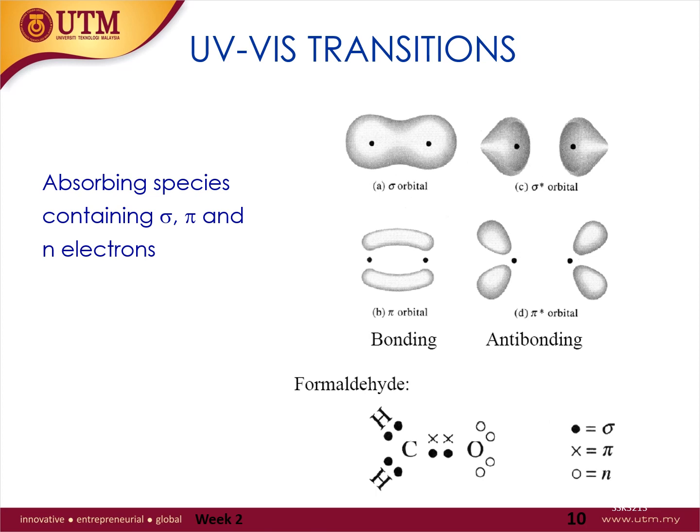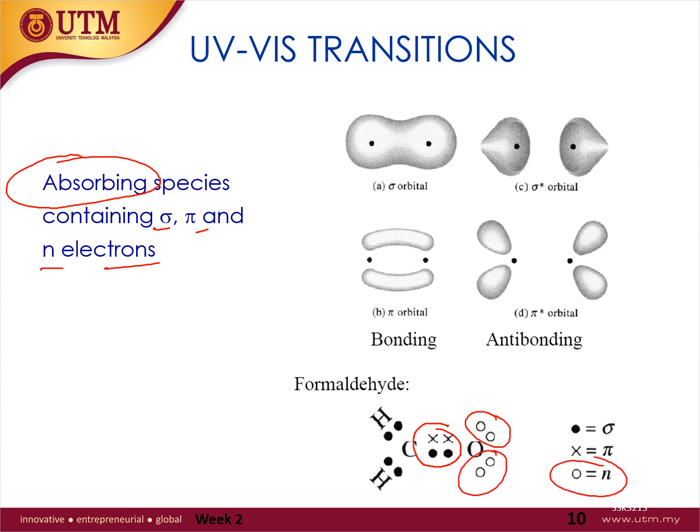Absorbing species, meaning absorbing UV visible, are species containing sigma, pi, and n electrons. So this is basic chemistry once again. The pi is usually denoted by the x over here to show that it is at least a double bond, and then you have a pair of lone electrons denoted by the n.